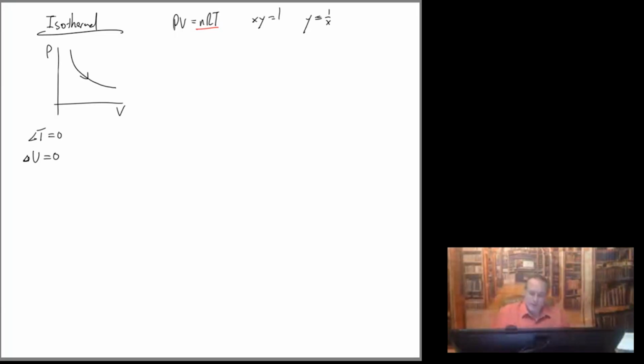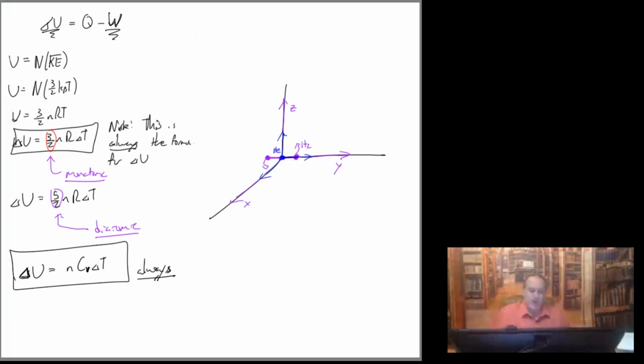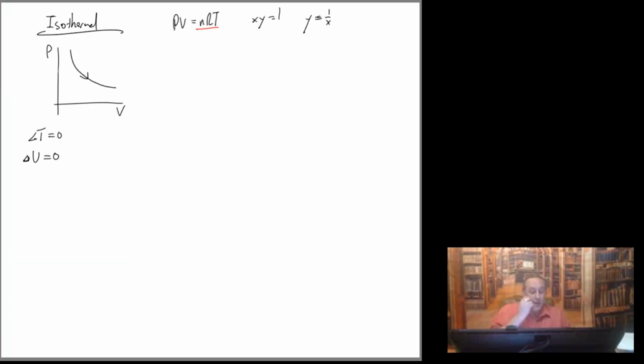Or we could just see it from the formula: if delta T is 0, delta U must also be 0. So the first law becomes pretty simple. Delta U equals Q minus W, and delta U is 0, so Q just equals W.